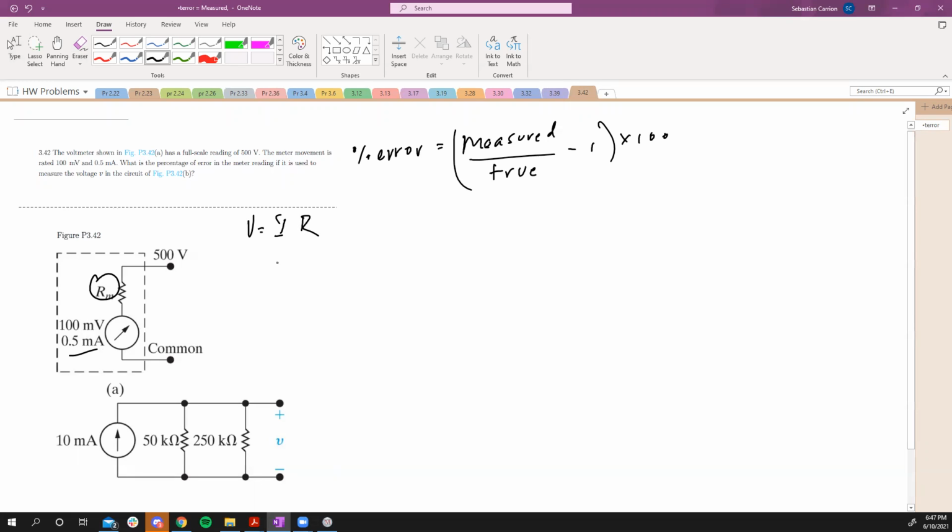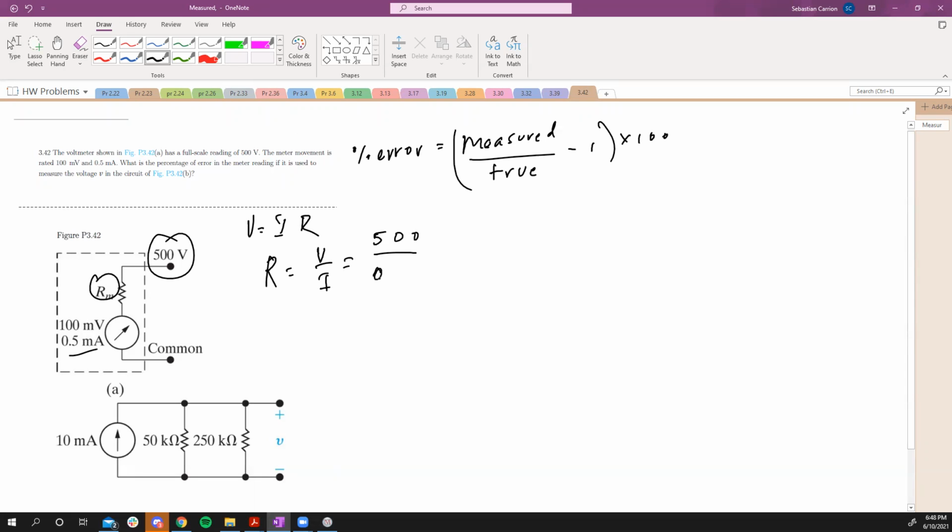You know that R, the resistance, is going to be voltage divided by current. So the reading is 500, and then the meter movement is 0.5 milliamps.